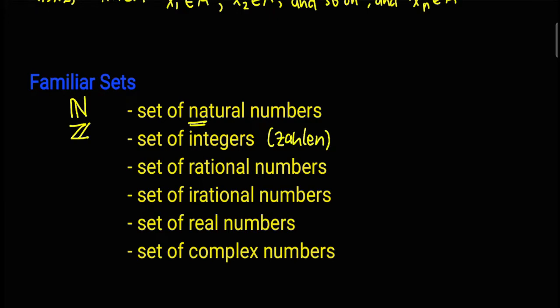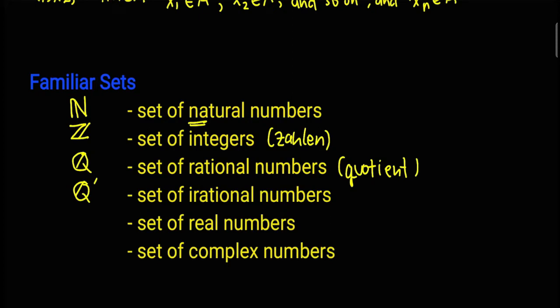The set of rational numbers, also known as the quotients of two integers where the denominator is not zero, is usually denoted by the capital letter Q, but we're using the blackboard version. On the other hand, the set of irrational numbers is denoted by Q prime. In abstract algebra, prime usually means complement.